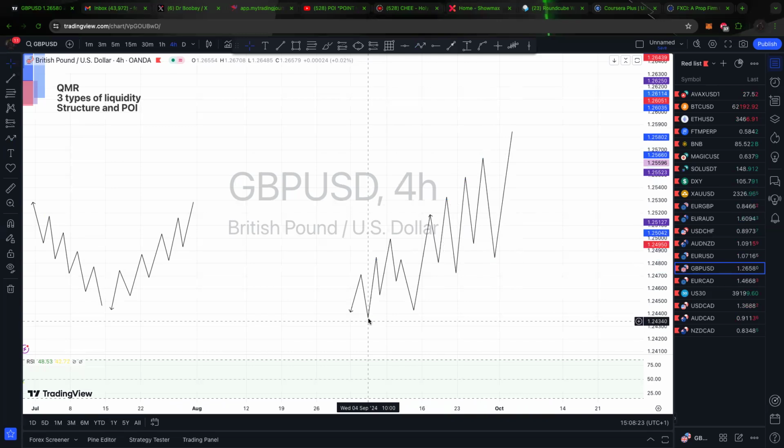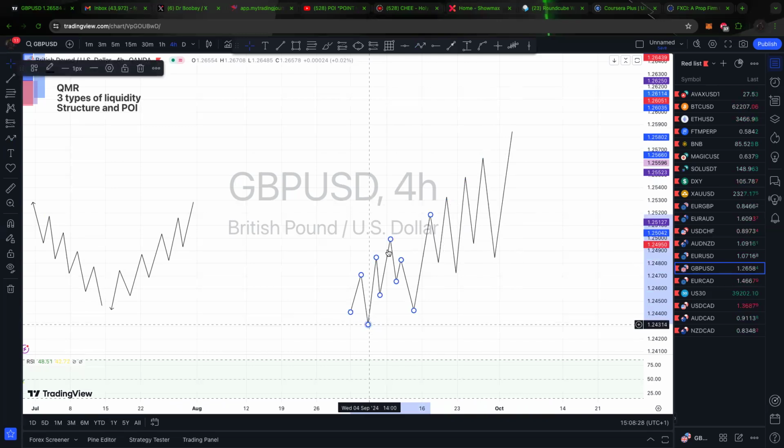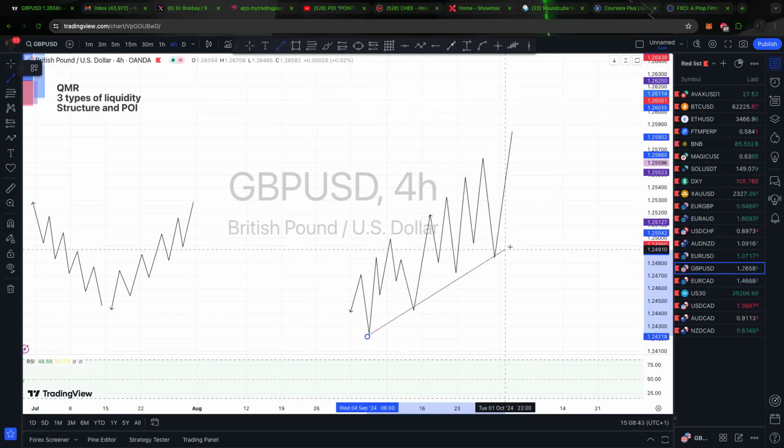This is where we have our lower high, higher high, lower high, higher high, lower high, higher high, lower high, higher high. So when you are looking at the chart like this, you realize that you can draw your trend line, but your trend line will touch just major troughs.